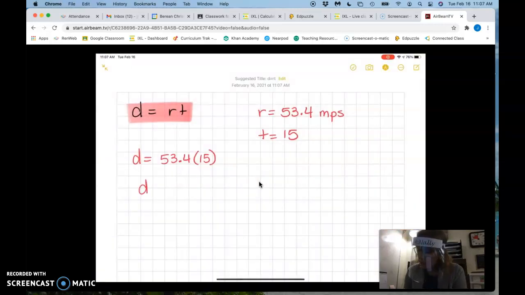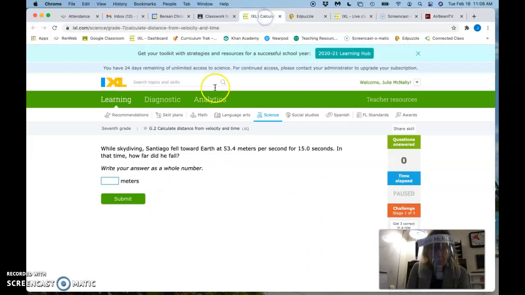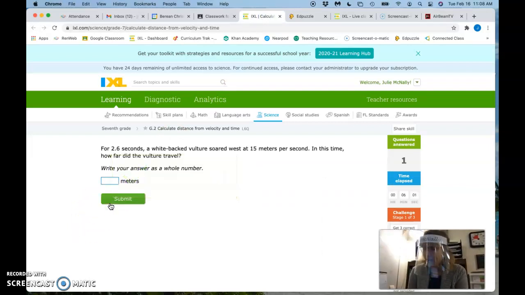So the distance equals 801. And remember, it was meters per second, so it's going to be 801 meters. All right, so let's plug that in IXL and see if we got it right. 801. And we did, yay.